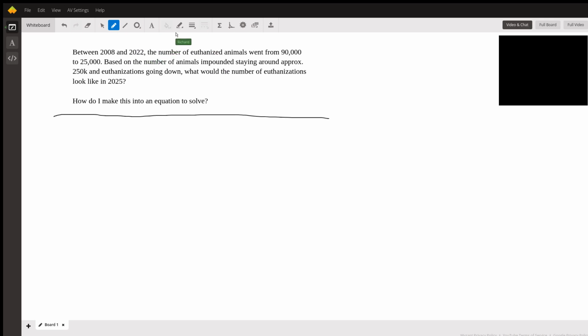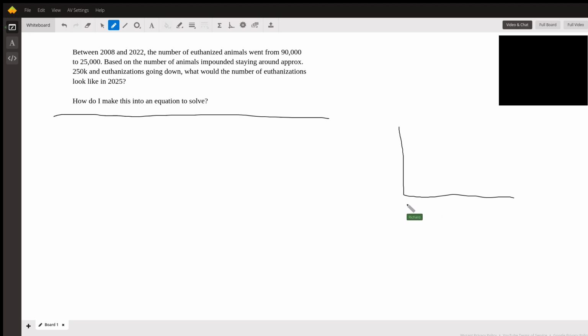Okay, so I think the best way to think about things when you're looking at a word problem is to draw a diagram or a graph or something like that if it's appropriate, and usually it is appropriate. So we're going to start with a graph here, and this is going to be 0.